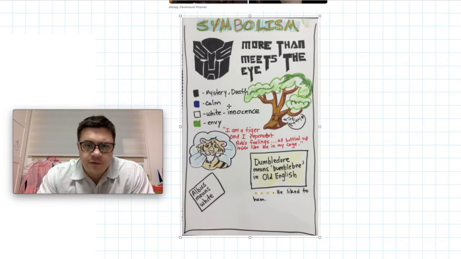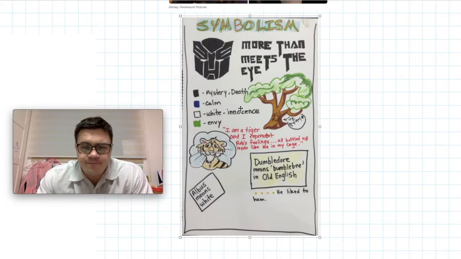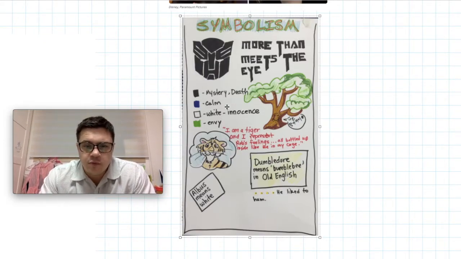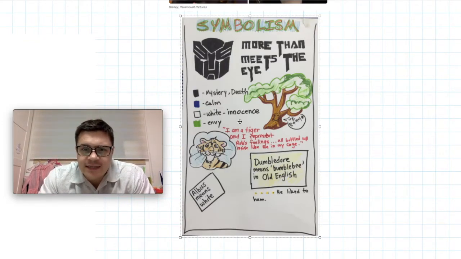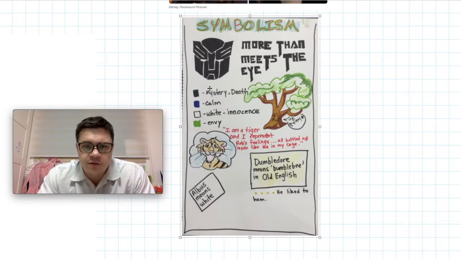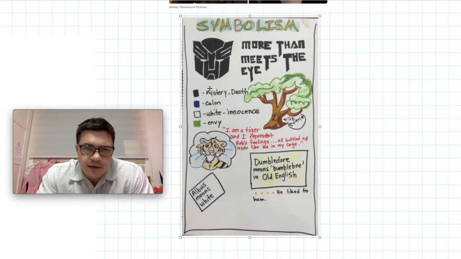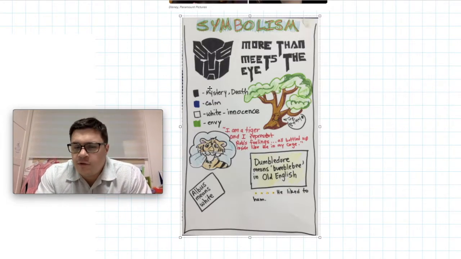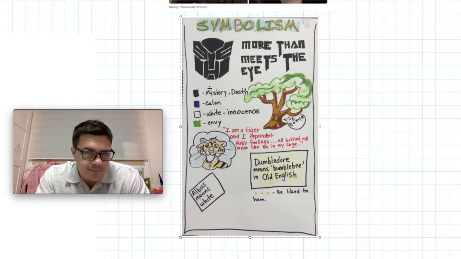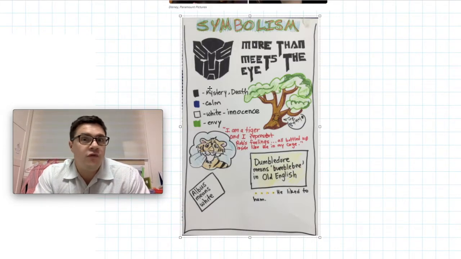Colors often represent something deeper. So blue can represent calm, white can represent innocence, darker colors can represent mystery or death. In Disney movies, they say that the color purple represents either royalty or evil.